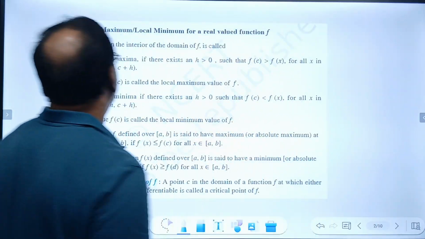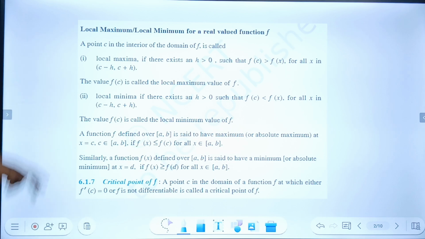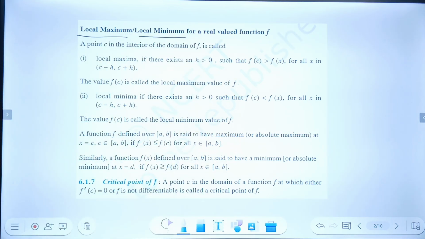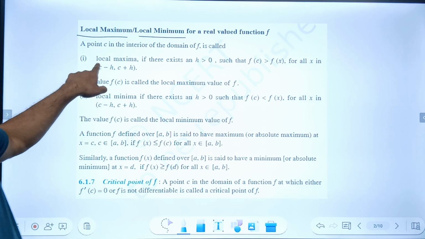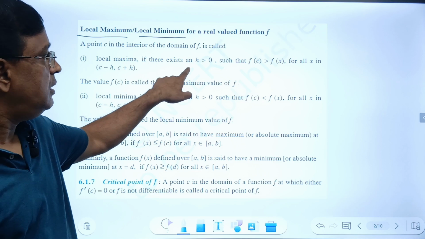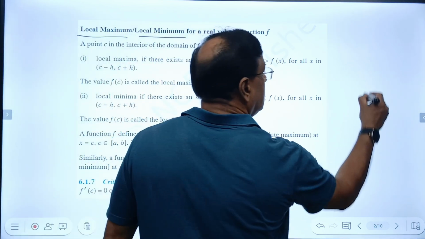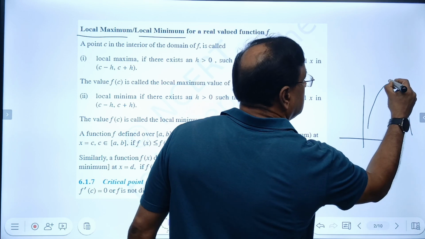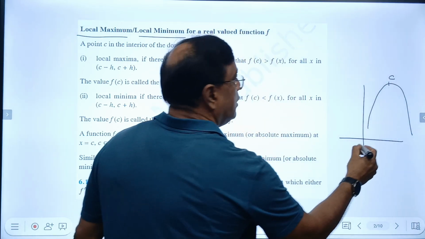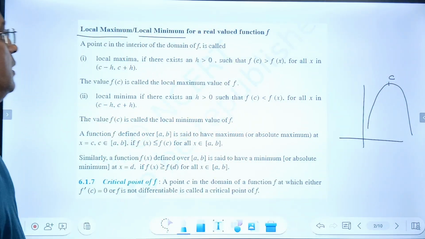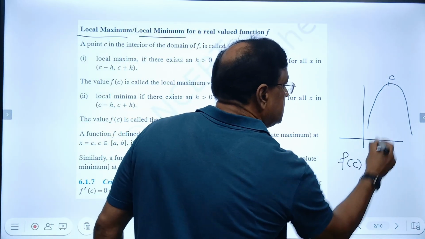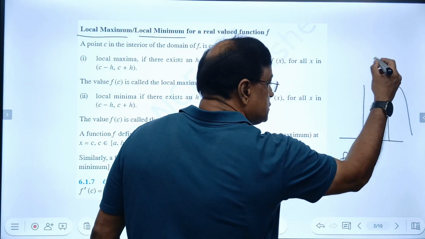So now we'll go back to this particular page. Look at this. Here I have talked about local maxima and local minima. This is all given in the NCERT book, so I thought I should tell you all this. When I say the function has a local maxima, suppose this is a maxima, this is the point C. You see, f of C is this y value. This will be the maximum.